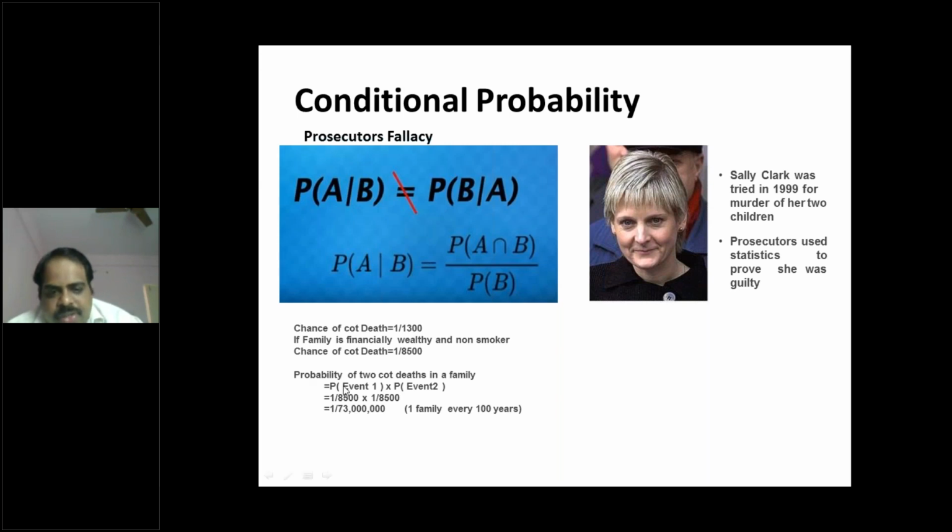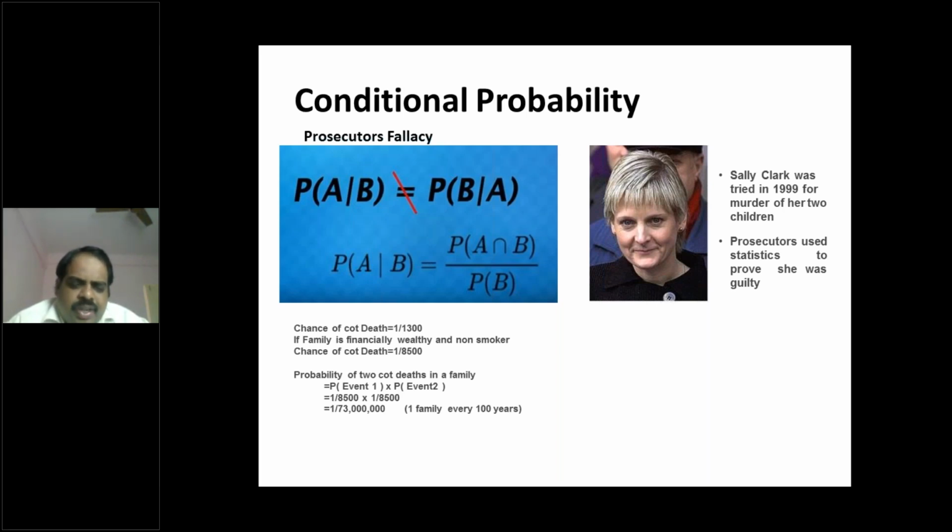They multiplied both these probabilities, and they got a probability which says that a family losing two babies this way can happen only once in 100 years in the UK. When people put up a lot of numbers like this, nobody in the court will understand all this. So they said, okay, this seems like a case where she has killed her own children, and she was prosecuted and put inside for life.